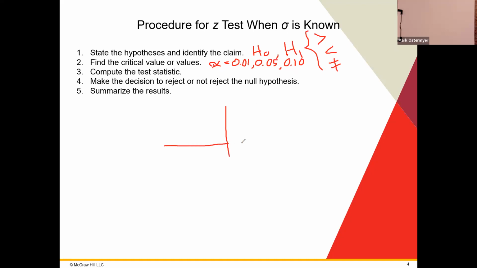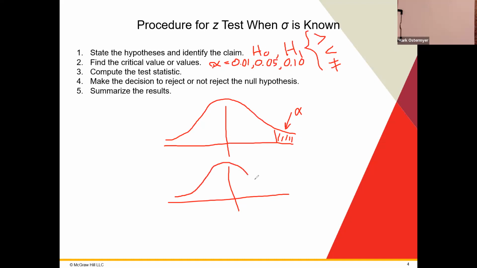If you're conducting a one-tailed test, specifically like an upper tail test, then your rejection region will be in the upper tail of the standard normal distribution. And the size of that rejection region will be alpha, your level of significance. If you're conducting a lower tail test, then your rejection region will be found in the lower tail of the standard normal distribution. And its size again would be alpha, your level of significance that you set.